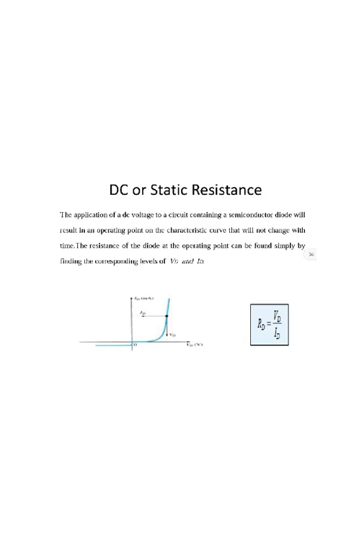The application of DC voltage to a circuit containing a semiconductor diode will result in an operating point on the characteristics curve that will not change with time. The resistance of the diode at the operating point can be found simply by finding the corresponding VD and ID. So RD is given by VD divided by ID. This is the formula to find the resistance.